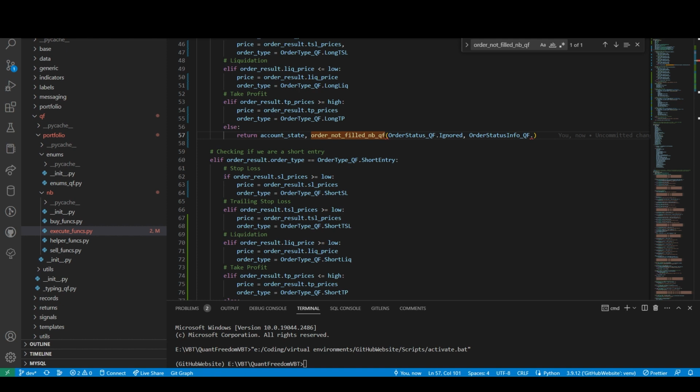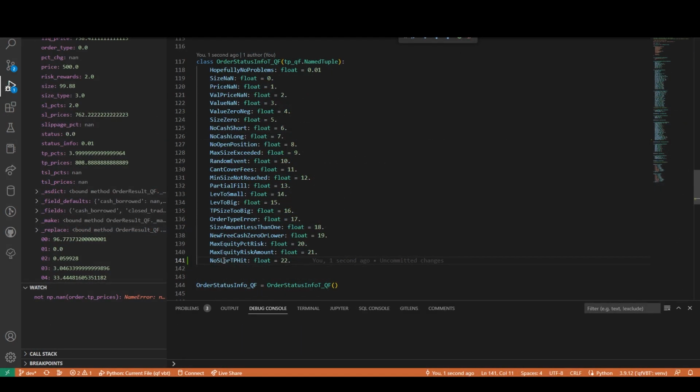No take profit or stop loss. So I think we'll do something like this: no stop loss or take profit hit.